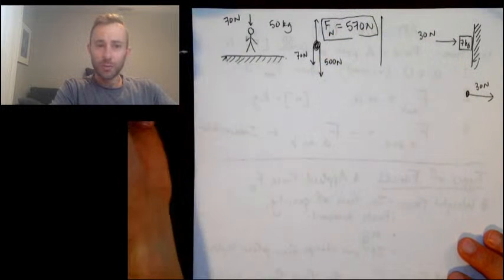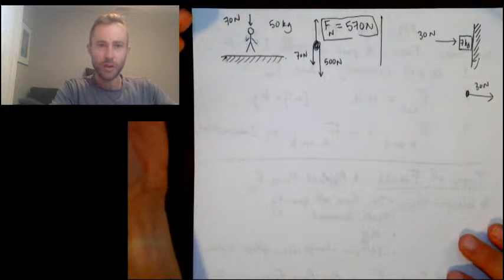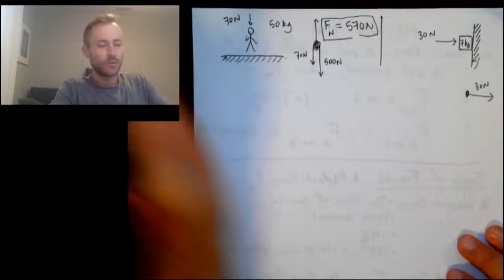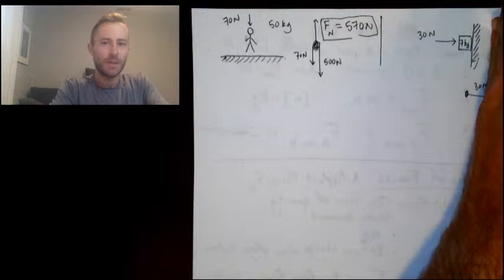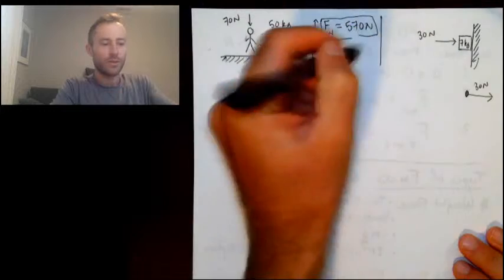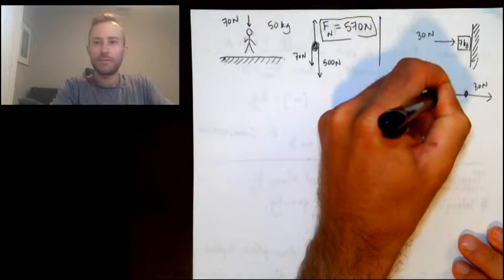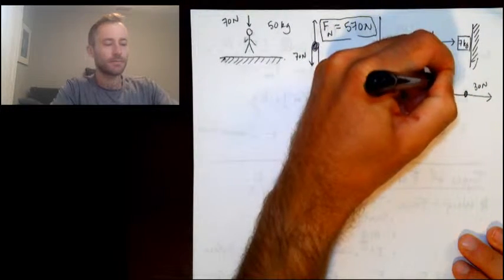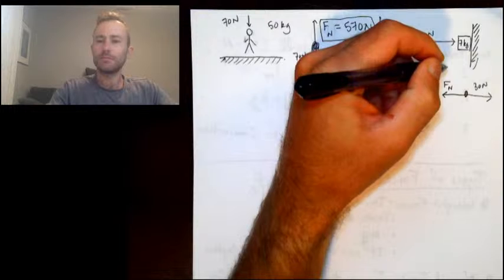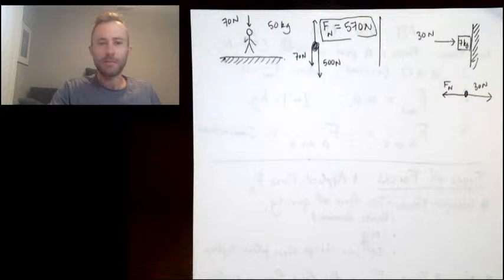Which way does the normal force in this case point? Well, the normal force always points away from the surface. So if you have a wall, away from the wall is going to be to the left.